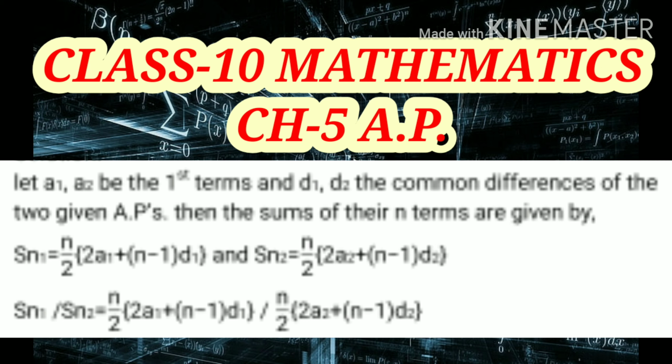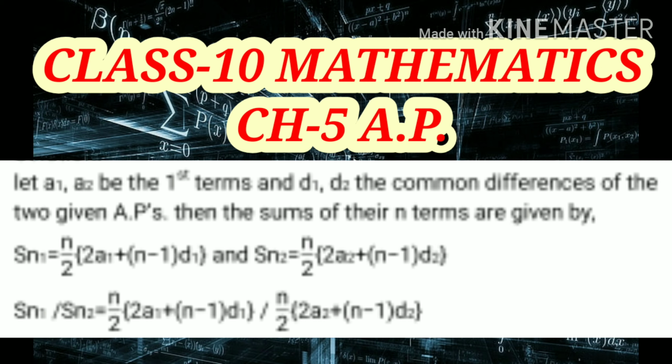Here I am denoting the sum of n terms of the second AP by Sn2. So the value of Sn2 by using the formula becomes n upon 2 into 2a2 plus n minus 1 into d2.